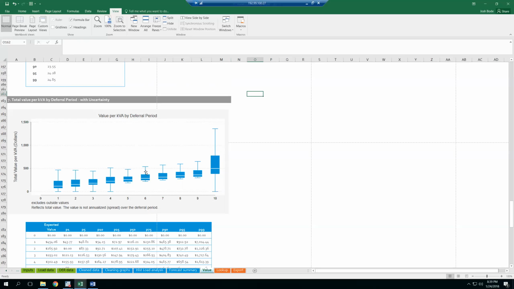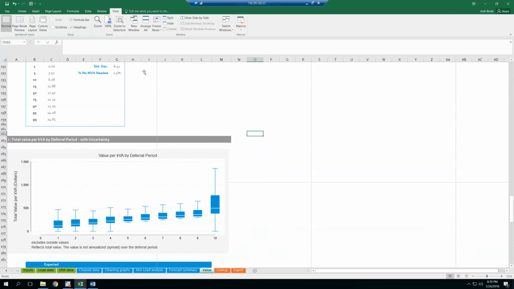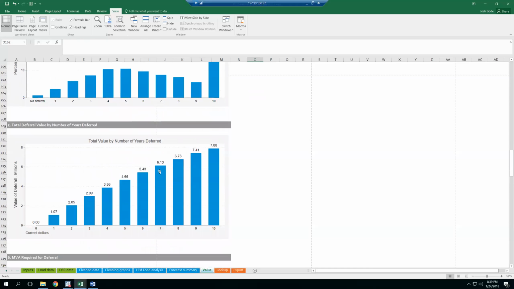If we have a deferral of 1 year versus a deferral of 10 years. Now, because this is looking at total value, and to make this concrete, say an example where we have 4.7 million in savings, we are counting the total value divided by the MVA needed.